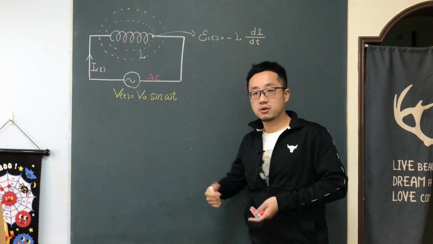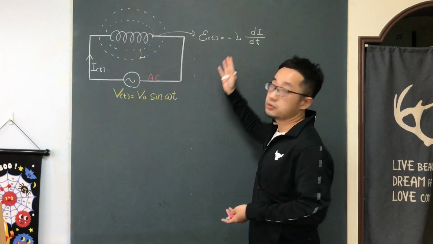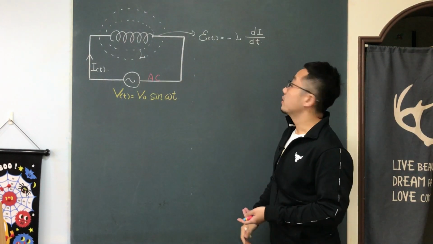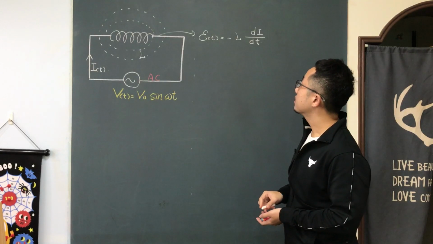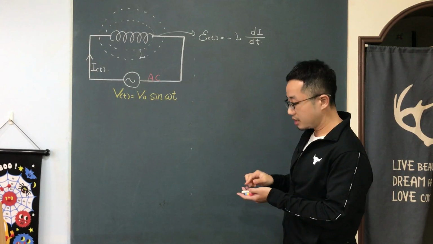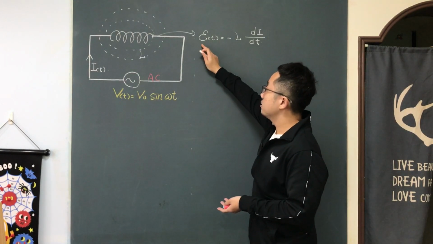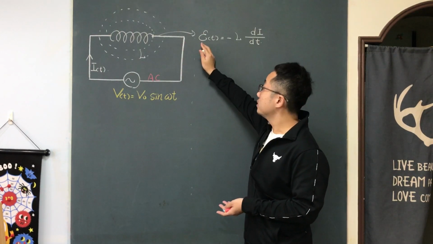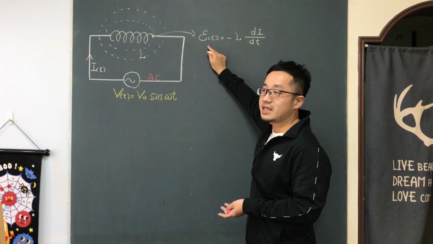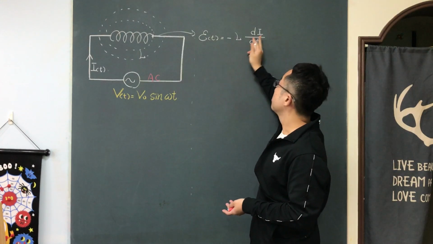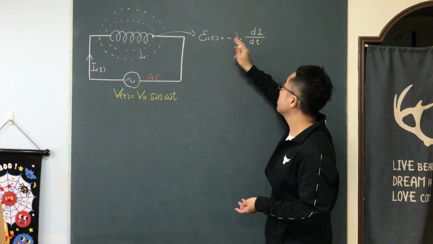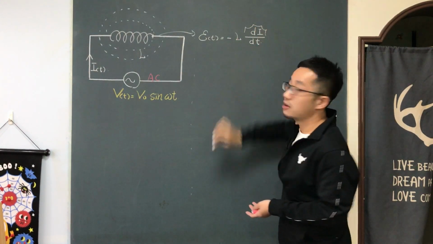In my previous video for the RL circuit, we introduced that. As you can see, the voltage across your inductor is not proportional to the current. It's proportional to the change of the current.